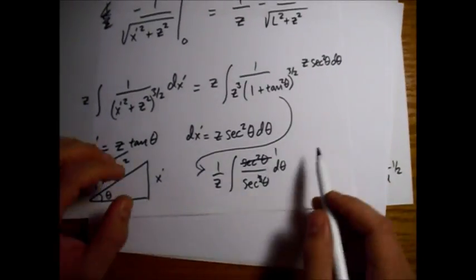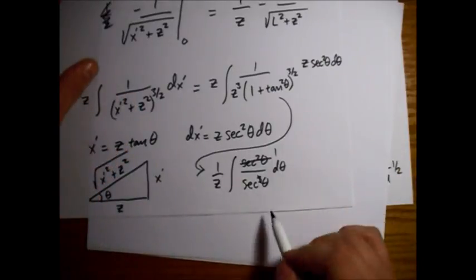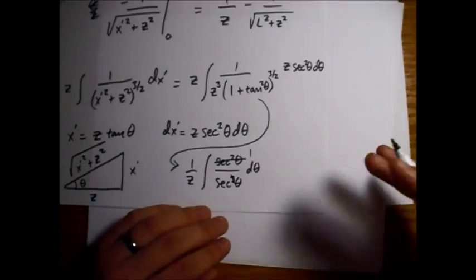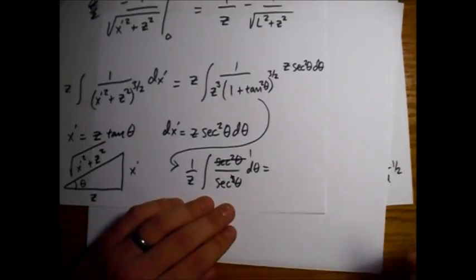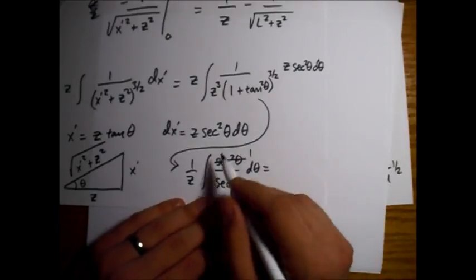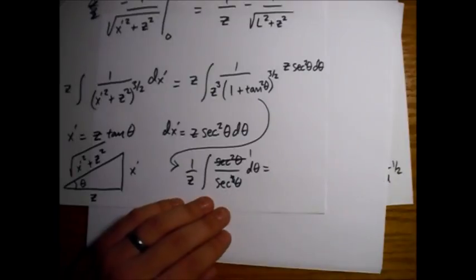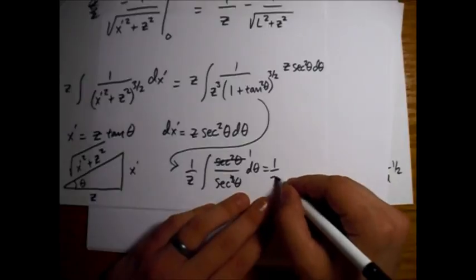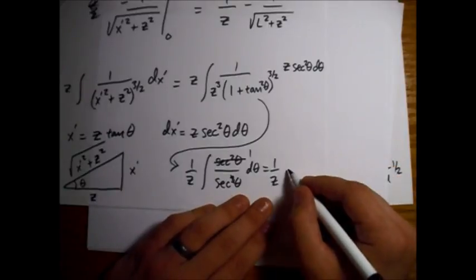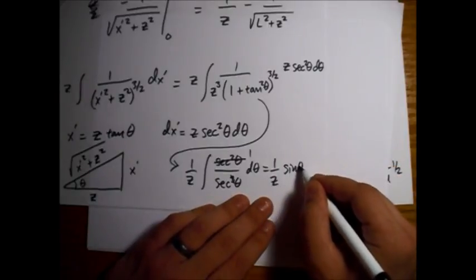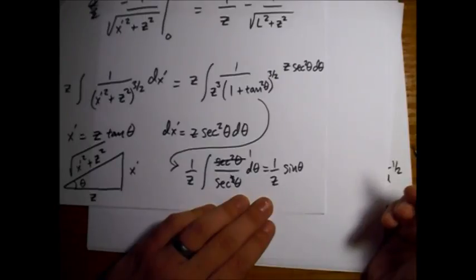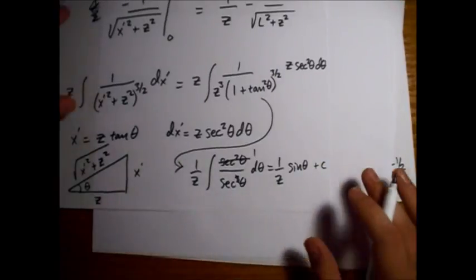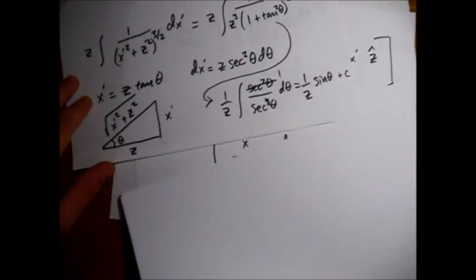So that divides out to 1 on top. And 1 over secant is just cosine. Anyway, the integral of cosine is just sine. So we have a 1 over z sine of theta, and then, of course, plus some constant, since we're doing an indefinite integral.